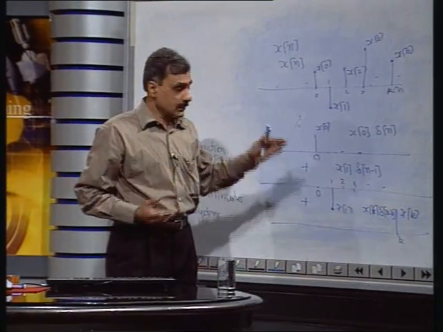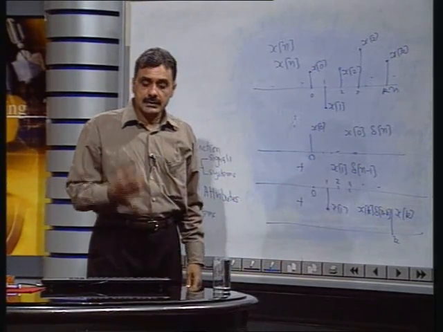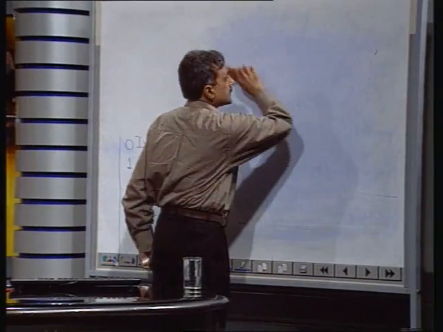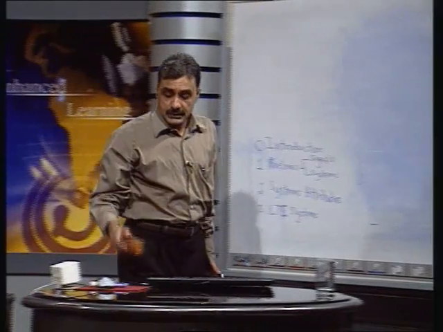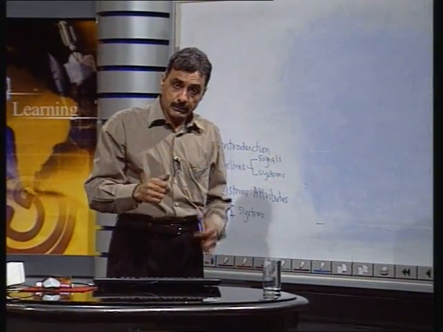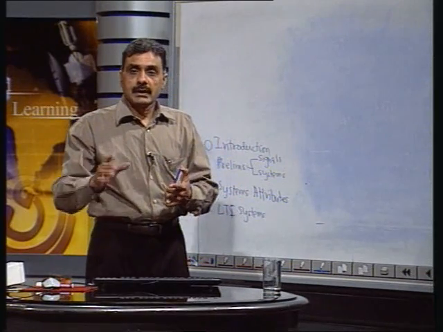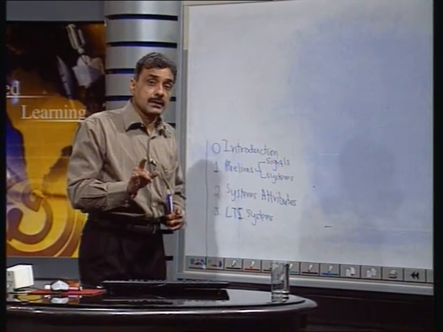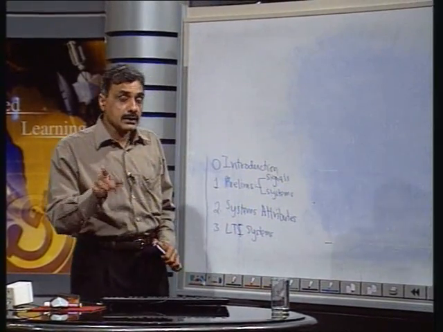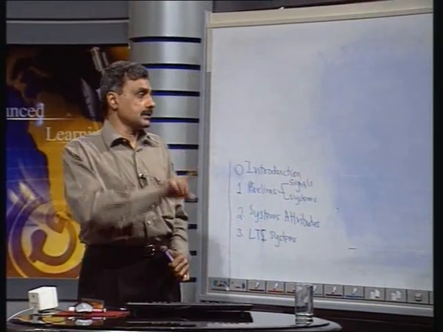I have written this graphically, let us try to write it down mathematically. This is an important step. This representation of x of n in terms of only delta functions is an important step in the direction of characterization of LTI systems, one of the time domain characterizations of LTI systems. In particular, right now I am only discussing discrete time LTI systems.